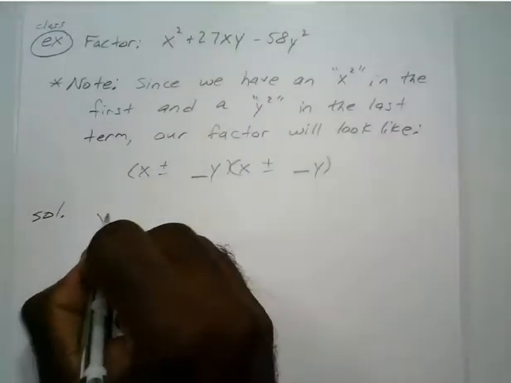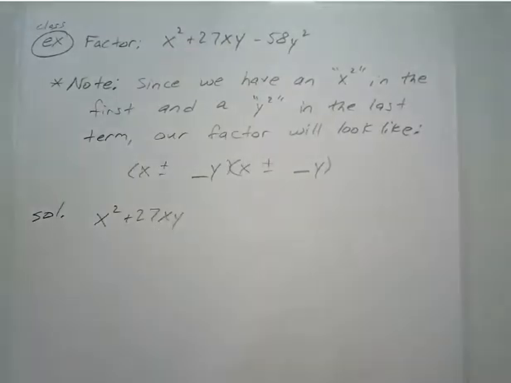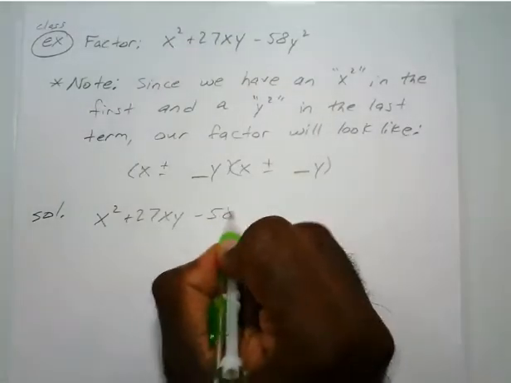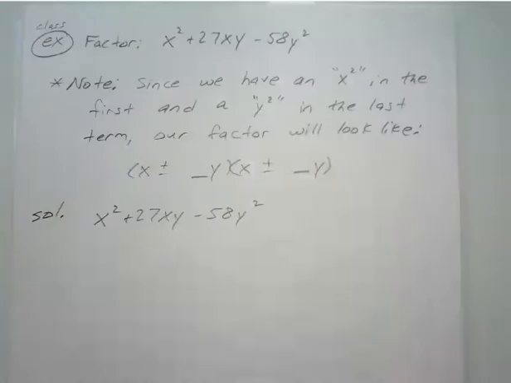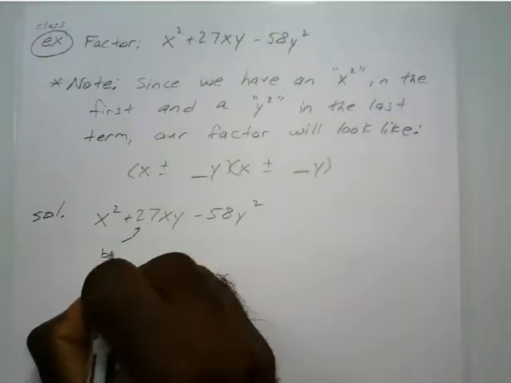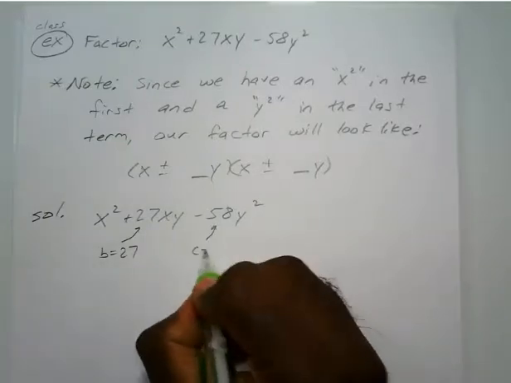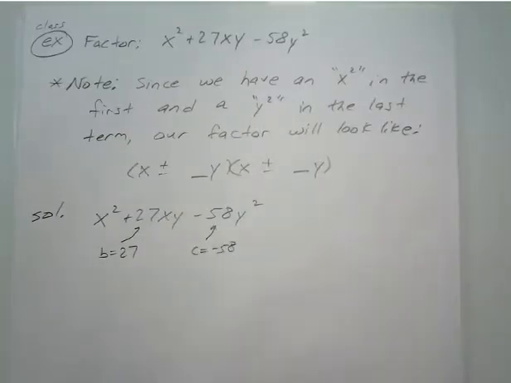So if we have x squared plus 27xy minus 58y squared, just like before, our b is equal to 27, and our c is equal to negative 58. Okay.